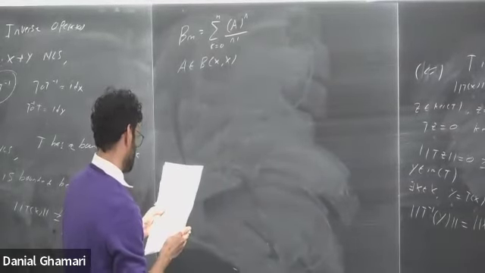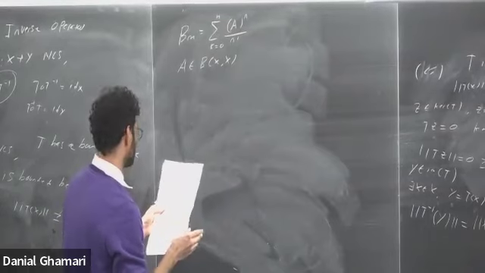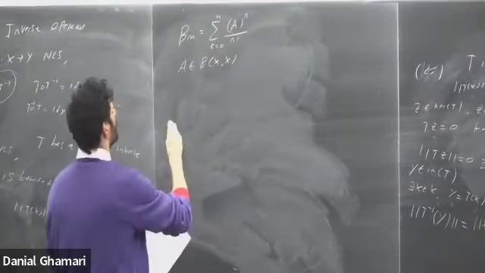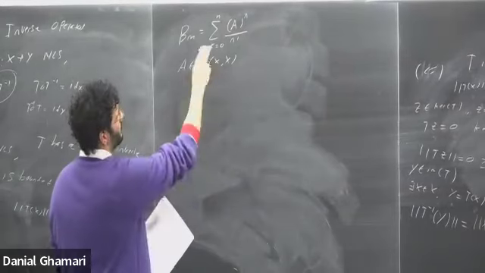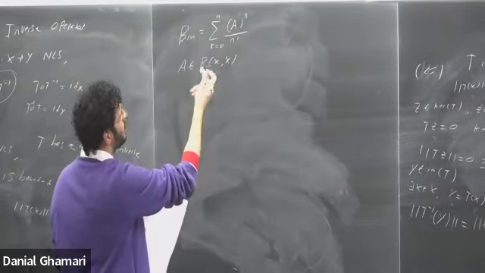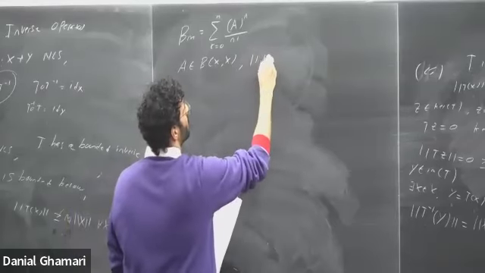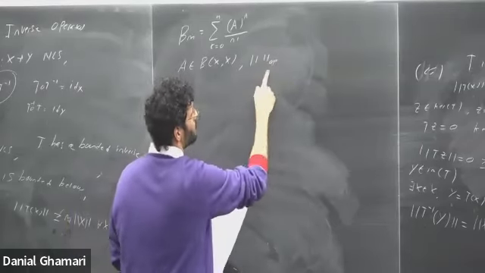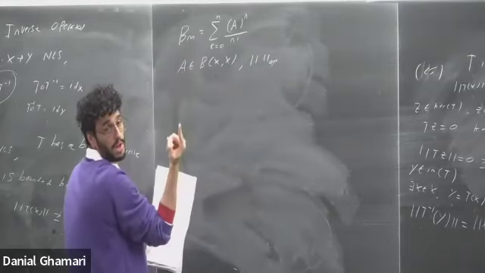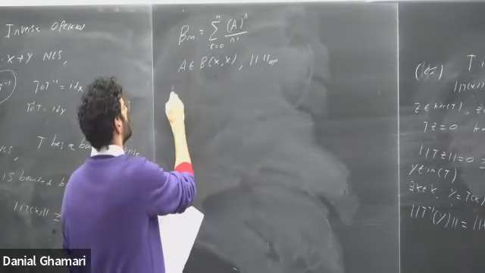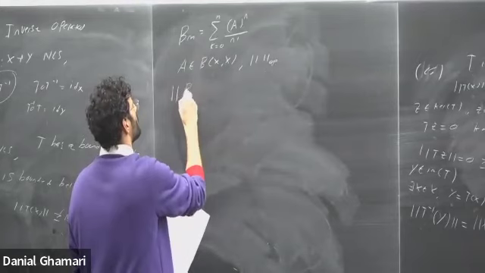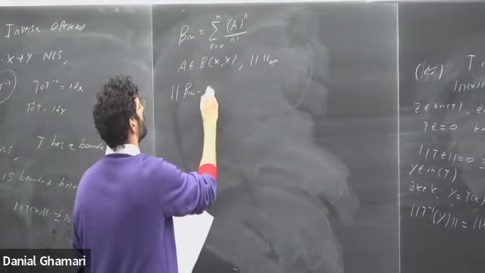So then let's see if this sequence converges. Since I know it belongs to B of X, and we know that if I use the operator norm, this is a Banach space, and I can show this is Cauchy, then immediately I have convergence, right? So let's say Bm minus Bn.